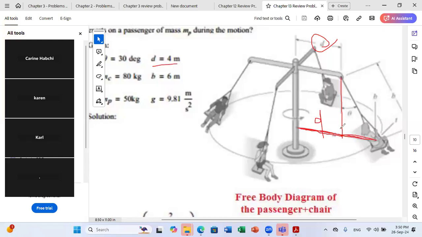You have an angle of 90 degrees, and the length of your cable is given, equal to 6. The angle theta is also given, 30 degrees. So what is the distance from this point to this point? You have 6 sine 30. So the total radius will be 6 sine 30 plus d.